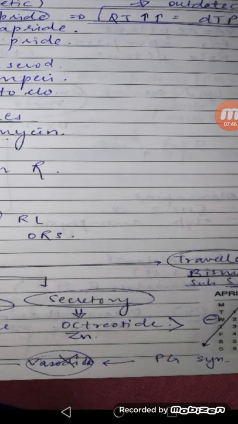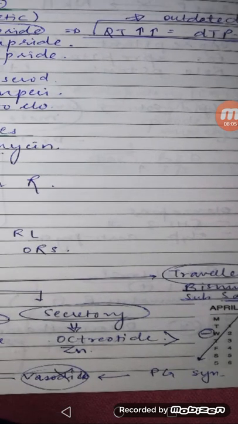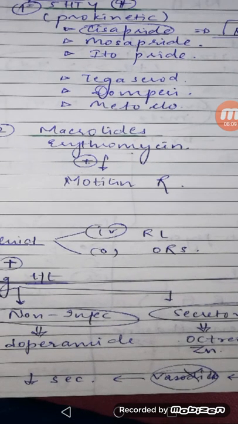And if the patient is a traveler, a tourist coming maybe from America to some Middle Eastern country, in case of travelers diarrhea, we give bismuth subsalicylate, BSS. It inhibits the prostaglandin, so there will not be any vasodilatation, there will be decreased secretion, so decreased diarrhea.